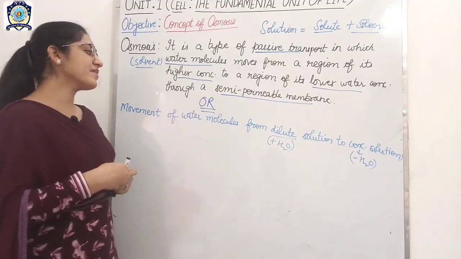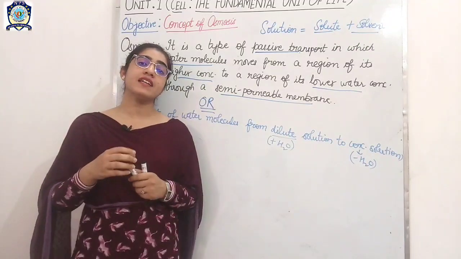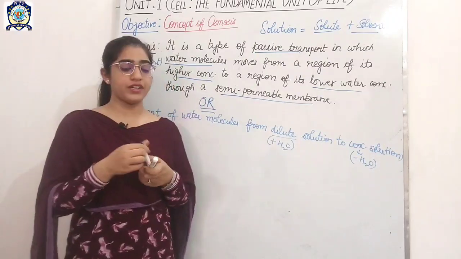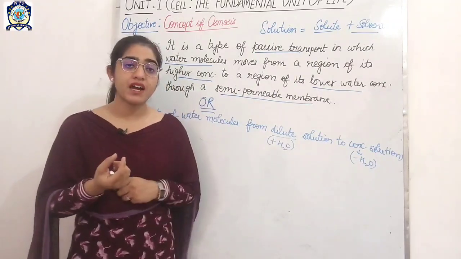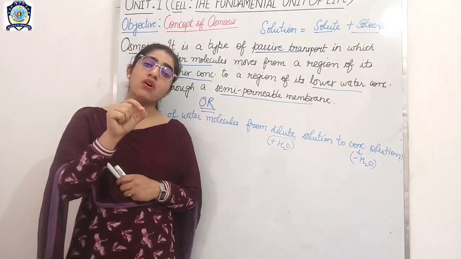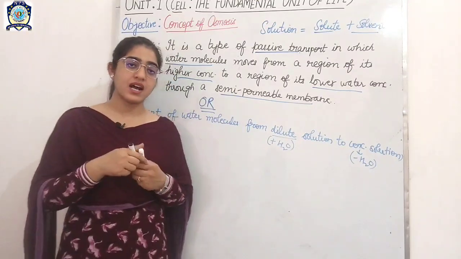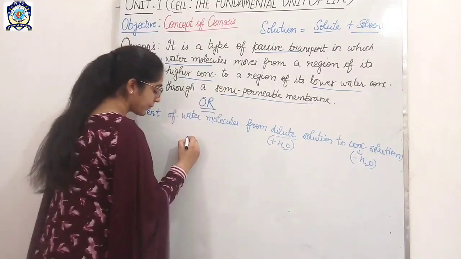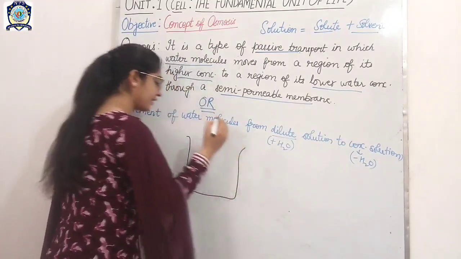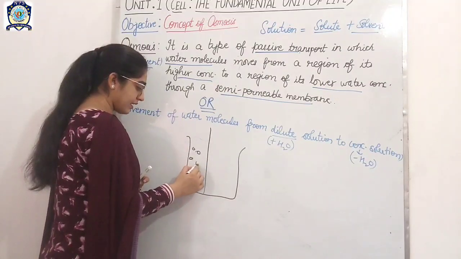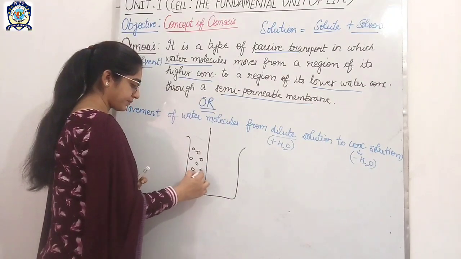And if we define it in another term, the free water molecule, how will we define it? The movement of free water molecules across the membrane. Say this is a beaker and here is the membrane, here are the particles.